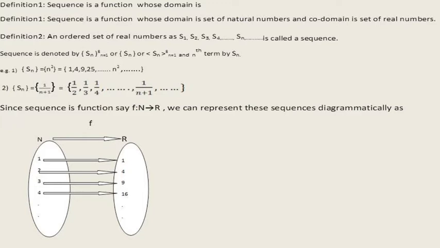so on. As we say that sequence is a function, we can represent it by this diagram where I have written the natural numbers in a domain set and image of each natural number in a codomain set.